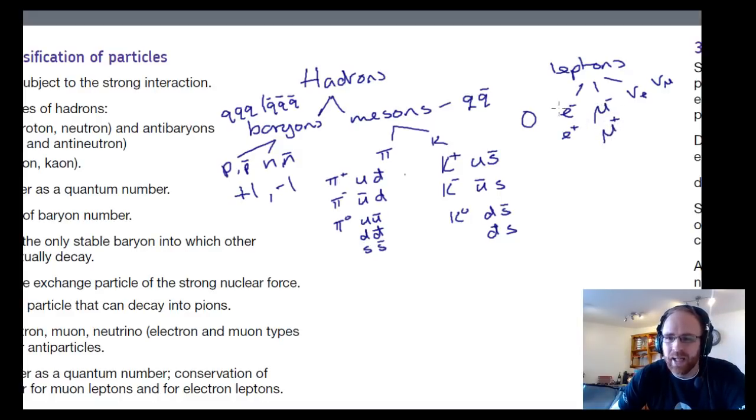Muons are heavy electrons. They have the same properties as electrons, except they're much heavier. Positrons and anti-muons, similar business. Neutrinos are also leptons. So leptons are fundamental. There's nothing smaller than the lepton. Baryons and mesons are not fundamental. They're made up of quarks, which are fundamental.